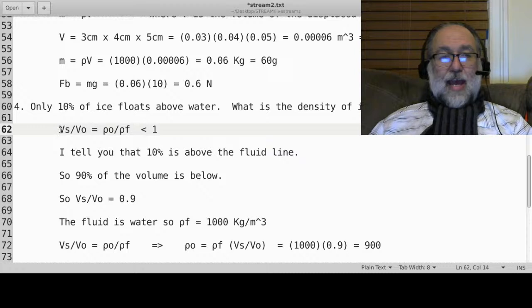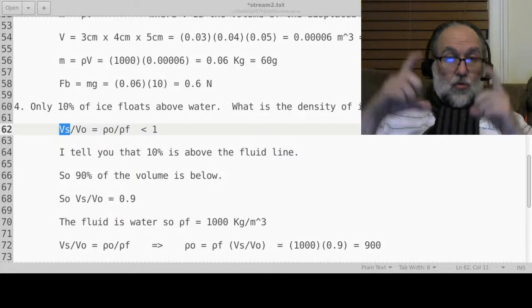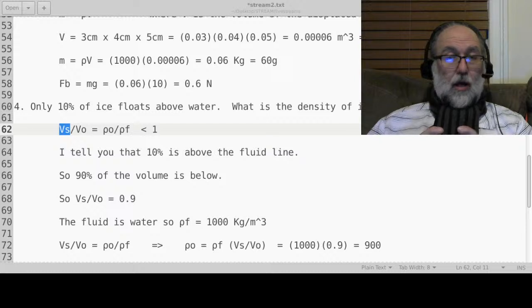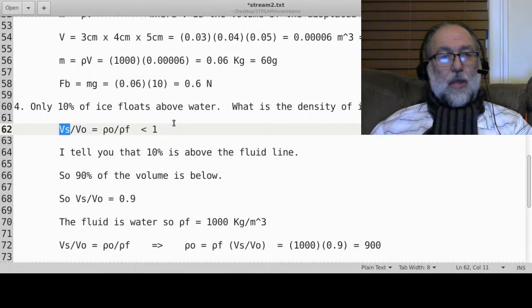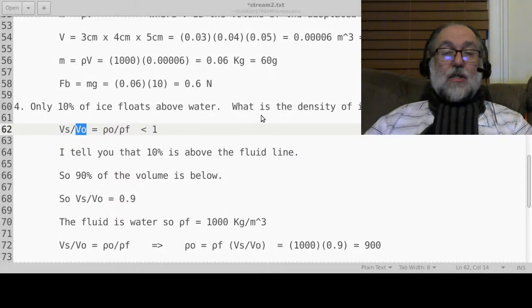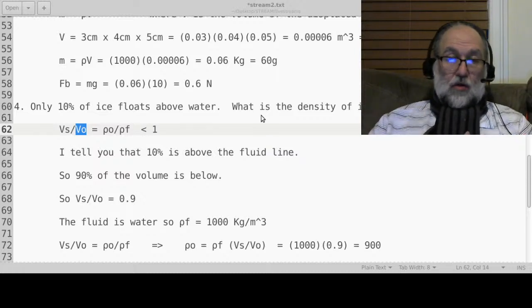Vs is the volume of the object which is submerged. Some of the volume is submerged and some of the volume is above. So Vs is just the submerged volume, and Vo is the total volume of the object. Obviously the submerged volume must be less than the total volume.